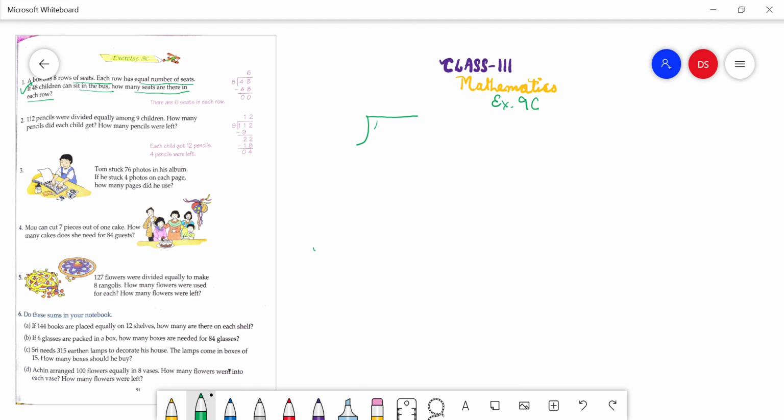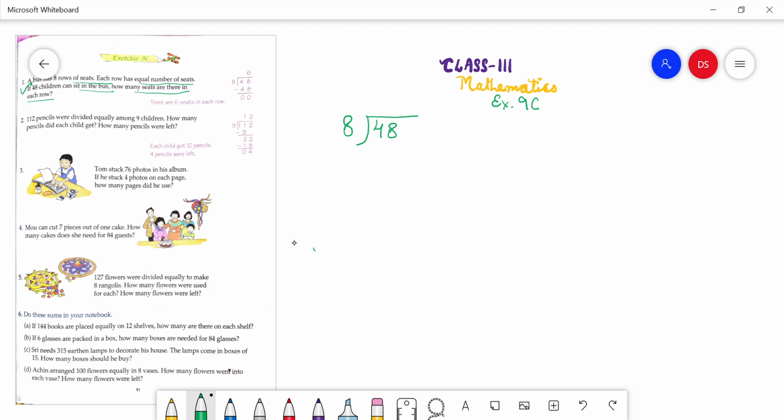Total number of children is 48 and there are 8 rows of seats. So we will divide 48 by 8 to know the number of seats in each row. So we will read the table of 8 to get 48.